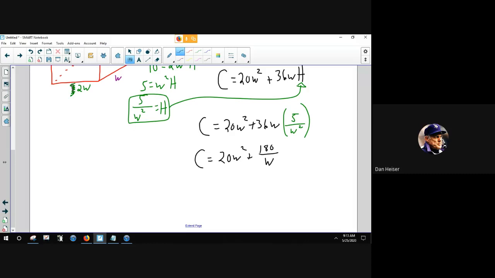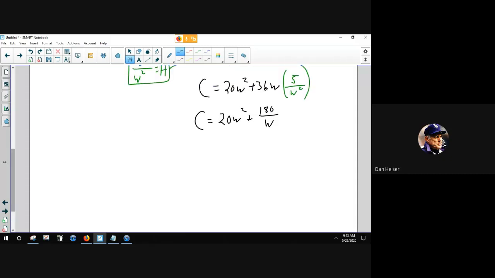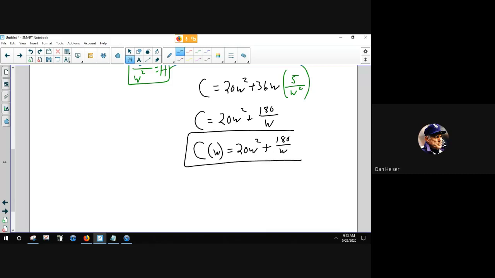Now there's only one more step. Write it as a function. Right now it's not a function. Now it's a function. The cost of this box has been written as a function of width.